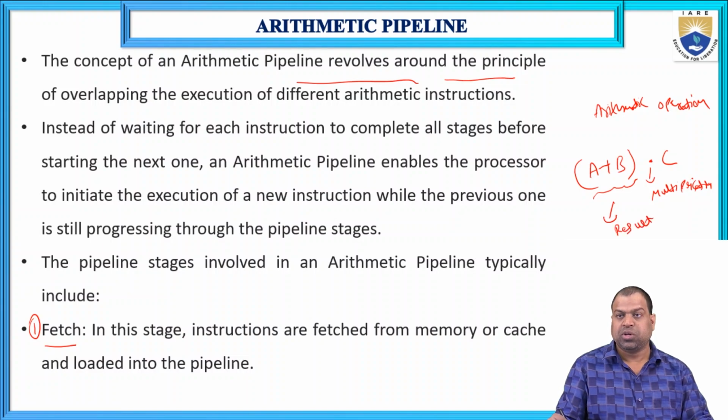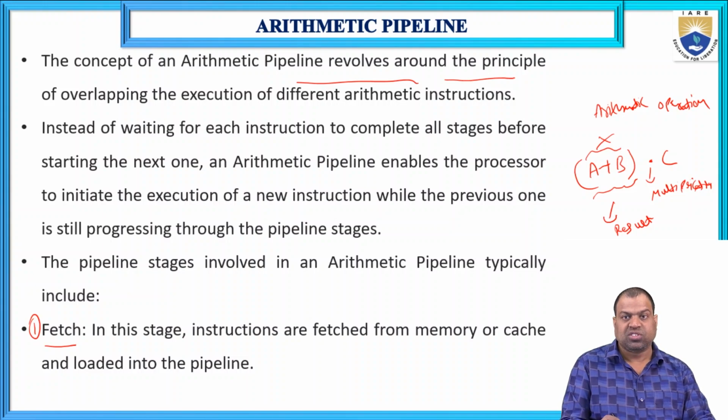After getting the A plus B answer, then only we multiply with C. So we have to wait for some time to initiate the execution of the new instruction. So when multiple instructions are there, every next instruction is waiting for the result of the previous instruction. Then only the next instruction can be completed.